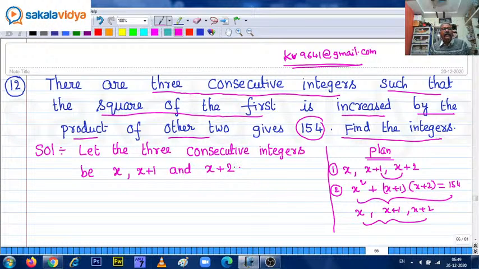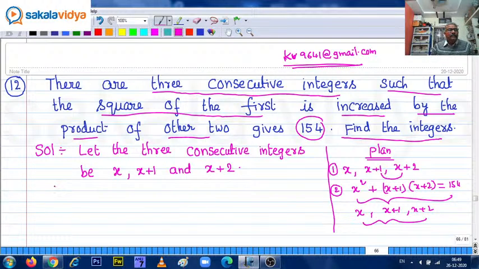According to the problem, the square of the first is increased by the product of the other two. Okay, your answer, you got the answer.